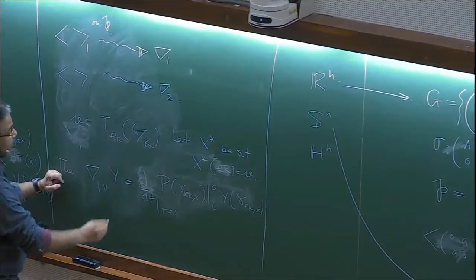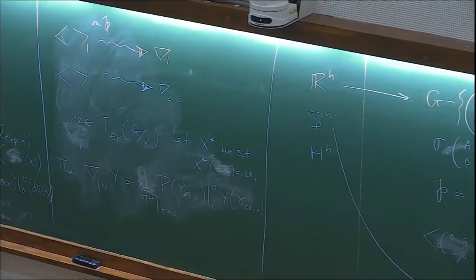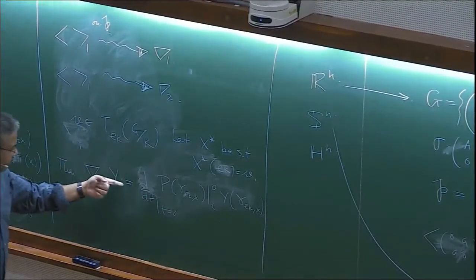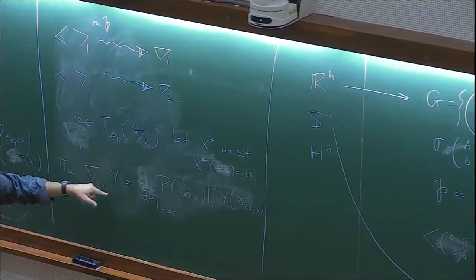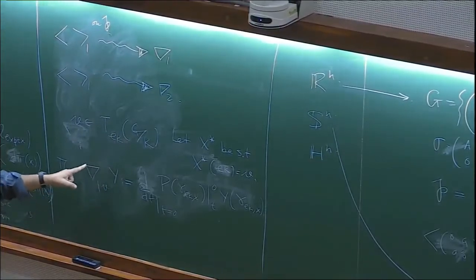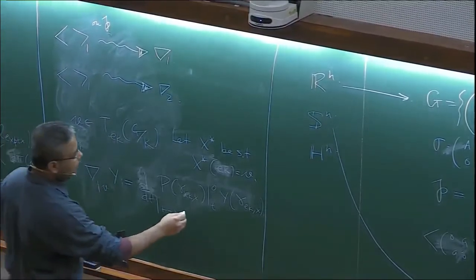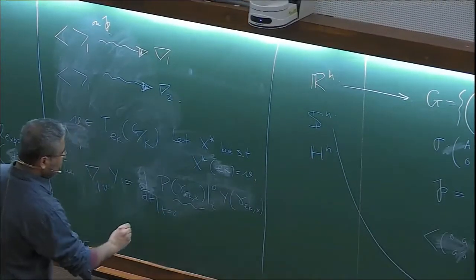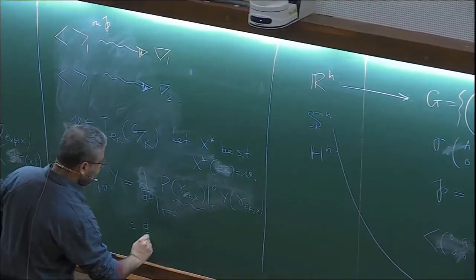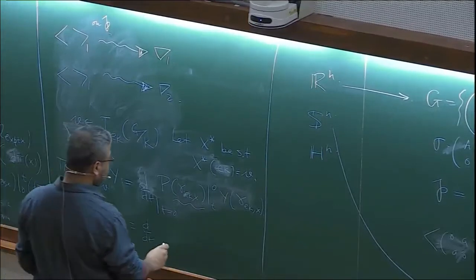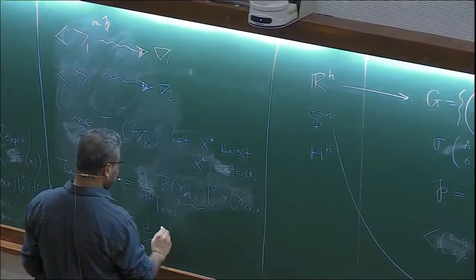This is a well-known fact. This is not so easy. This is a fact of how one computes the connection. I mean, this is easy. But what is this d by dt? This is simply left translations.